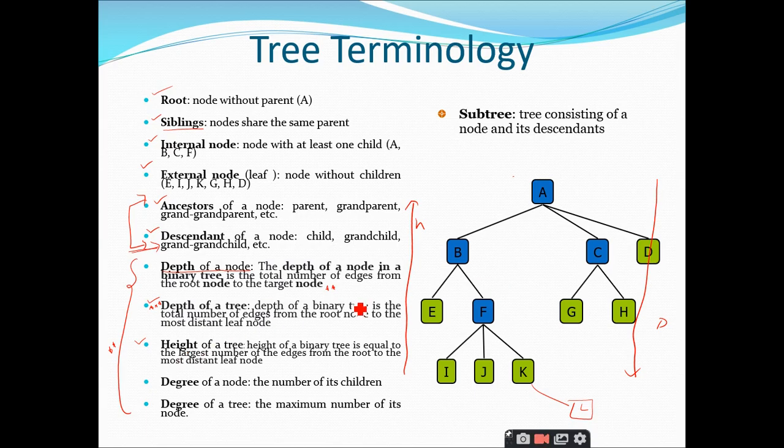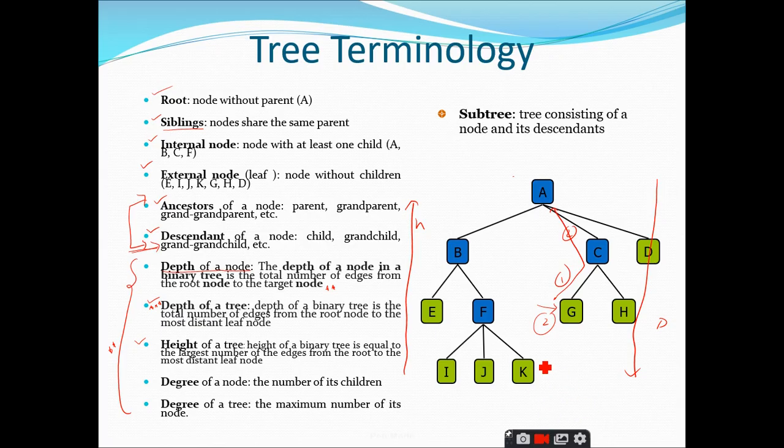Right? So if I want to find the height of node G, what I should do? I should find the number of edges from G to root node. So there are 2 edges, therefore the height of node G is 2. And what is the height of node K? 3, sir.